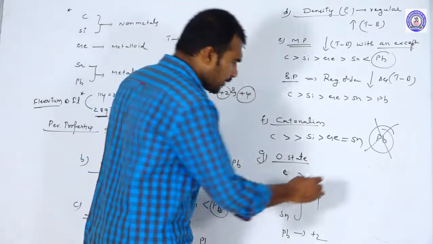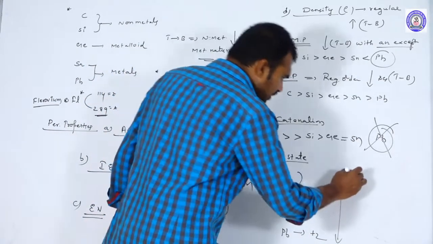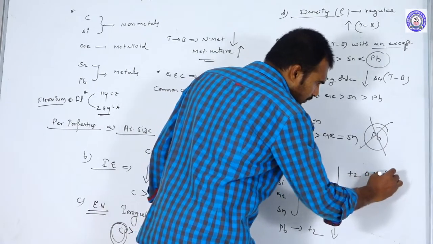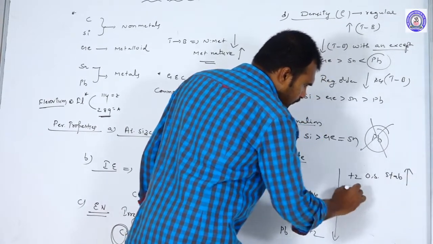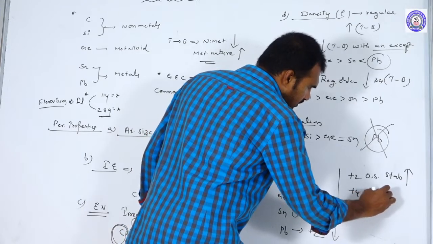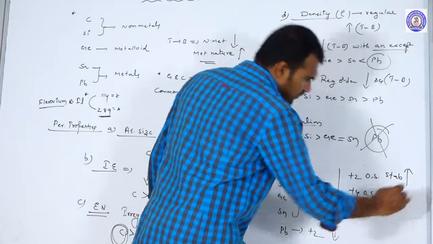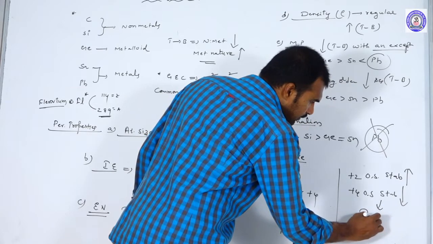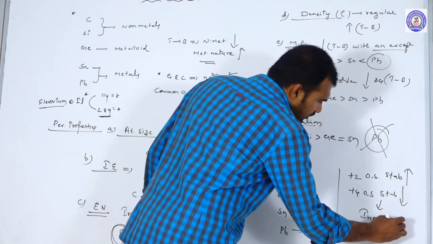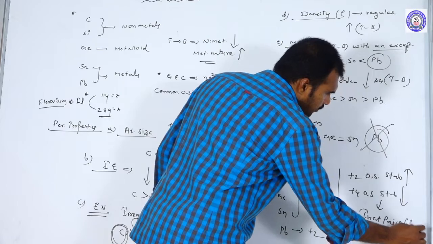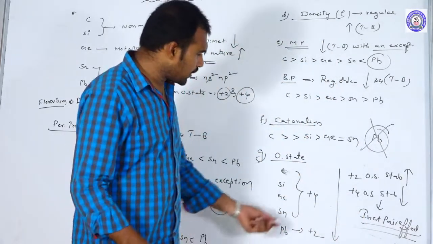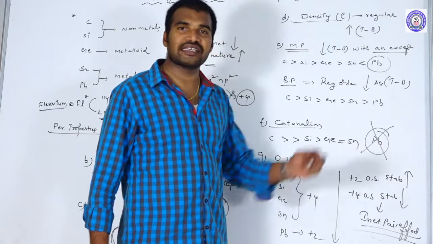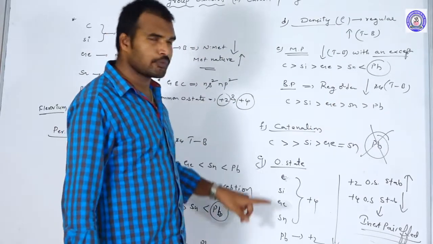That means by going down, the stability of the +2 oxidation state increases, and the stability of the +4 oxidation state decreases. The reason, as we already discussed, is the inert pair effect. Because of the inert pair effect, the stability of the lower oxidation state increases and the stability of the higher oxidation state decreases from top to bottom.